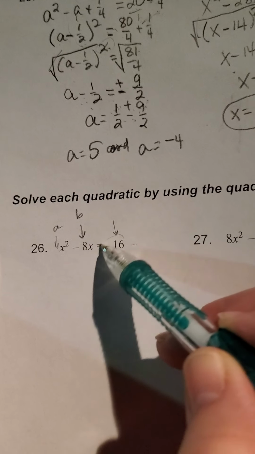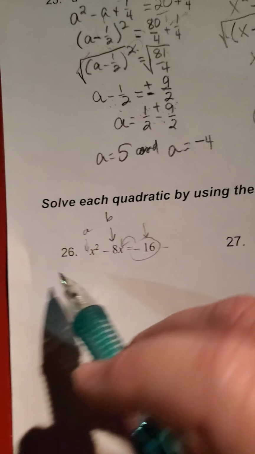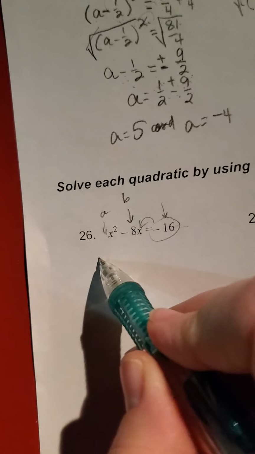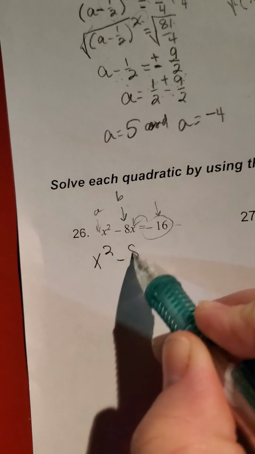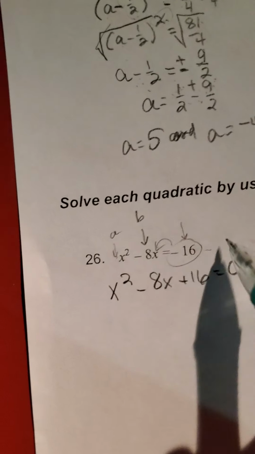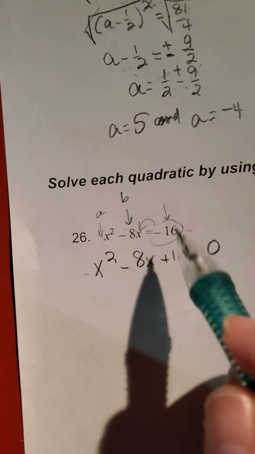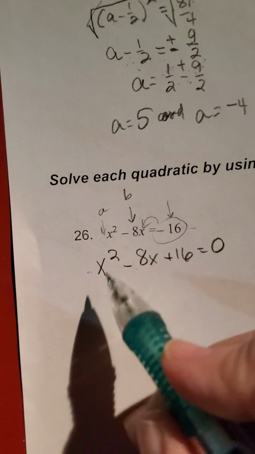Now, the thing is this c is going to have to get pushed over here and set this equal to 0. So we're going to rewrite this equation, and it's going to be x squared minus 8x plus 16 equals 0. Okay? So a is 1, b is negative 8, and c is 16. All right?